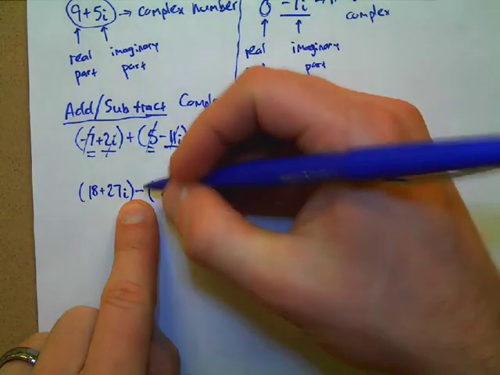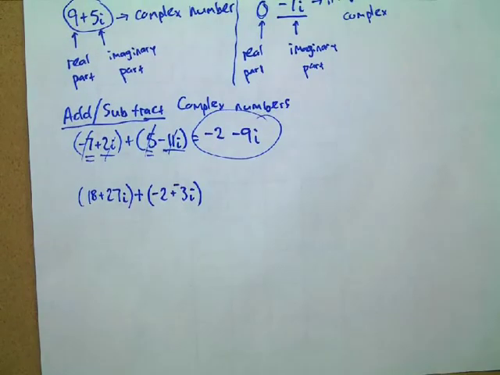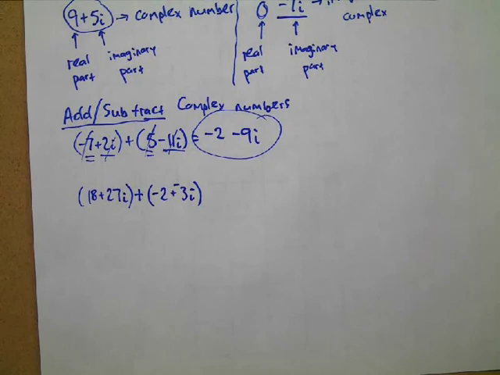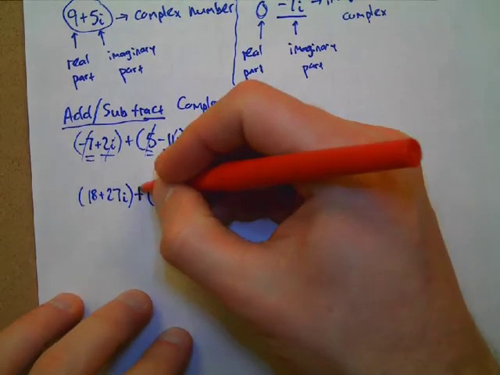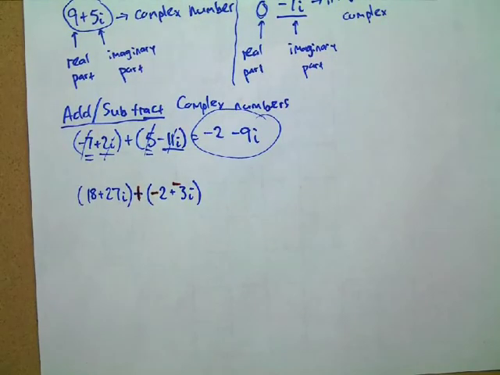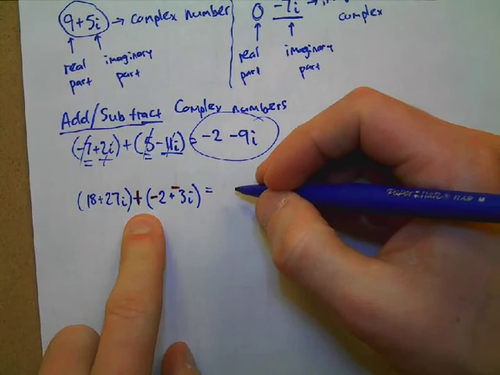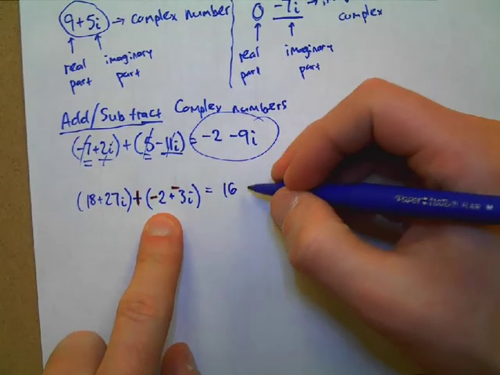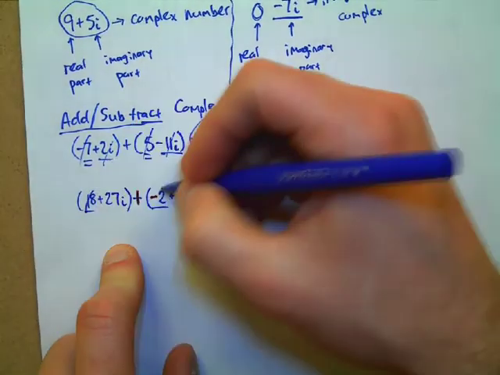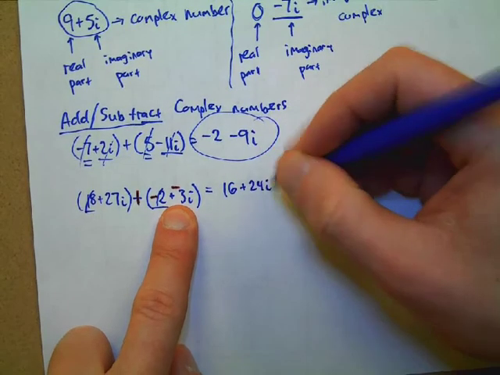So we're going to distribute the minus sign by making it positive, and then make this opposite. Now again, we're going to just combine like terms. So 18 take away 2 makes 16, and then 27 take away 3 is 24. And there's our answer.